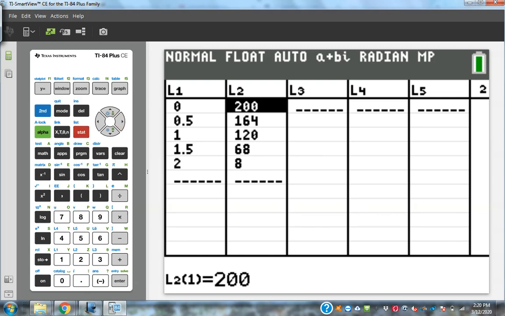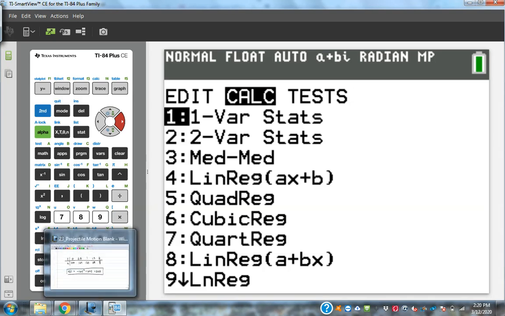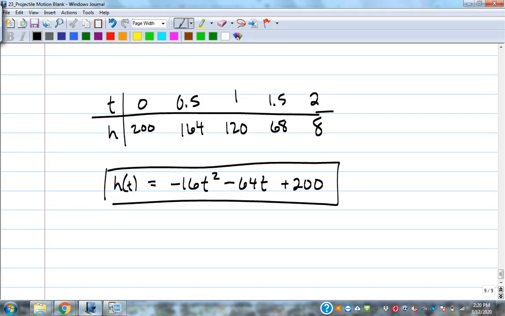And then stat, calc, quadratic regression, number 5. And get the equation. It is very straightforward there. And it gets you what you need. And then from there, you're trying to find what they ask.